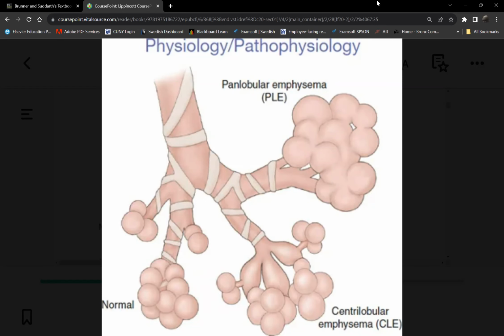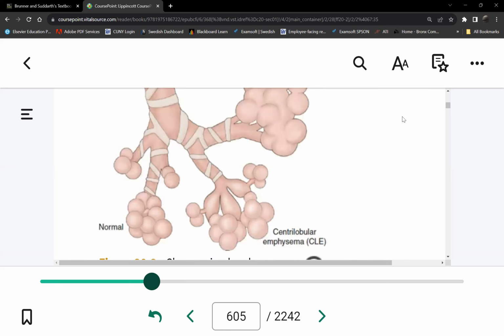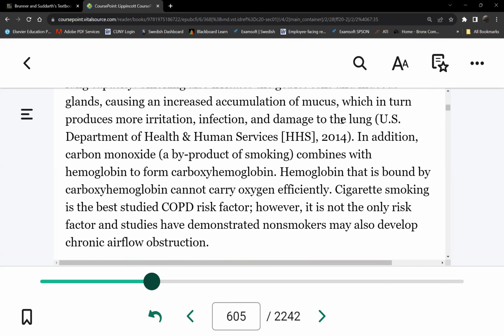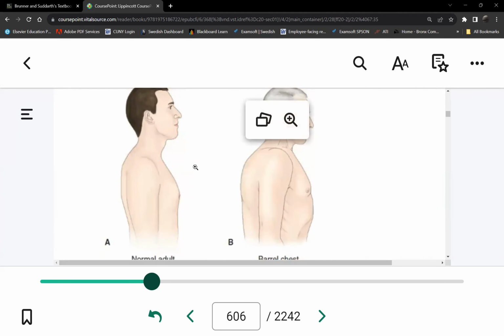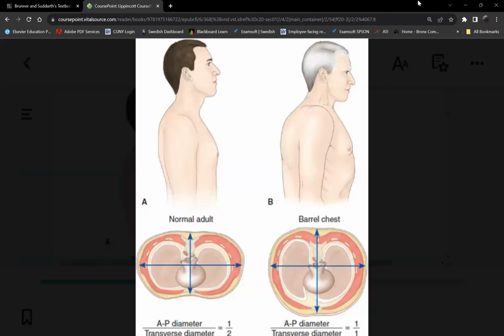Okay, they are now enlarged and they will have a barrel chest, which is illustrated here. So this is now the diameter of the chest wall. See the difference? On the left is normal, supposed to be oblong like this. The anterior posterior is shorter than the lateral or horizontal diameter. But look at the barrel chest, it's now almost a perfect circle, so that it decreases the surface area for lung expansion.